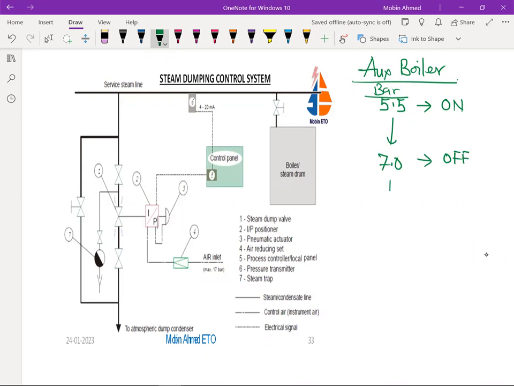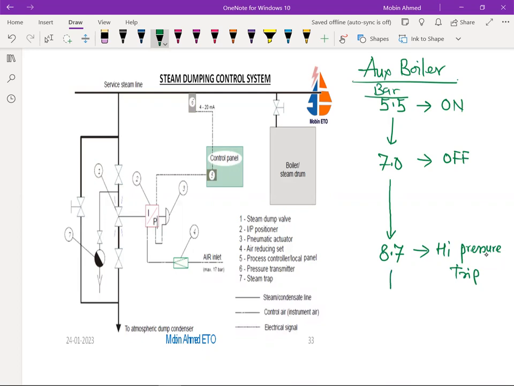Now, next is your high steam pressure alarm, which generally comes at 8.7 bar. This is the high pressure trip. This is the steam pressure and this is a trip.